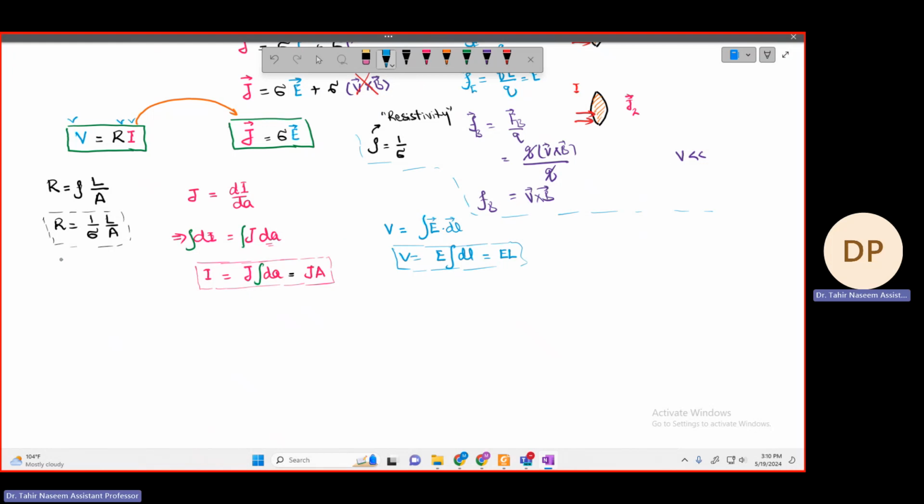So let's replace. First of all, I replace V, which is EL. Then I replace R, which is 1 over sigma L over A. Then I replace I, which is JA.